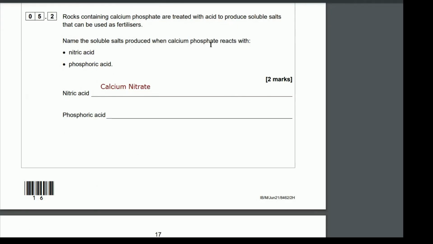And when calcium phosphate reacts with phosphoric acid, you get calcium triple superphosphate.